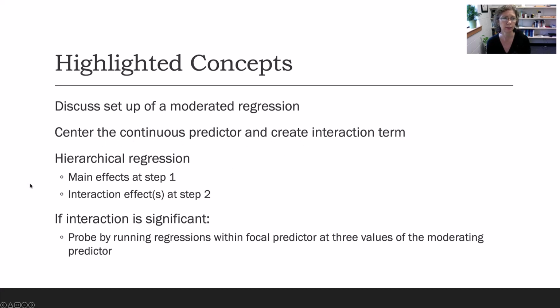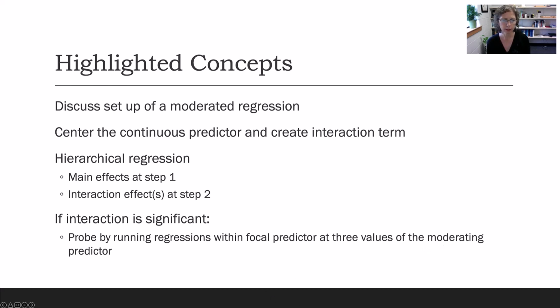You got a heads up that we're going to be doing a hierarchical regression to see that incremental variance explained by the interaction. And then if the interaction is significant, we have a bunch of regressions to run where we're interested in the different relationship now between the focal predictor and the outcome. And we're choosing 3 values of the moderating predictor to check that out. We're just spot checking 3 values for the moderator.